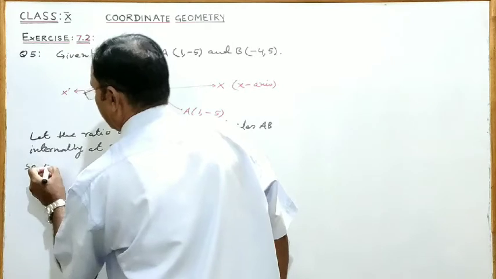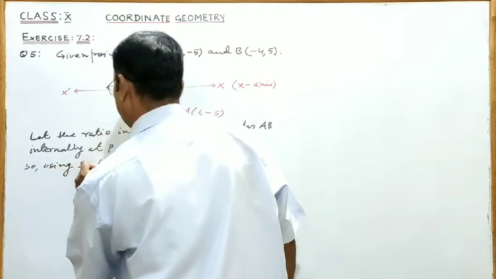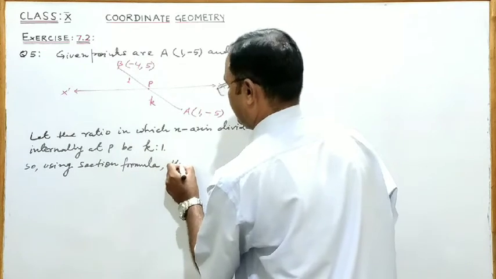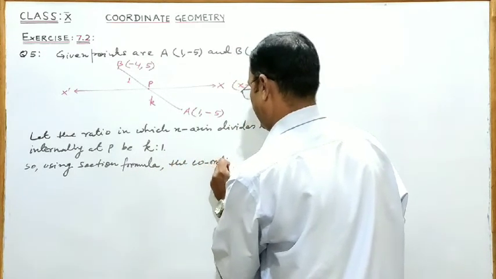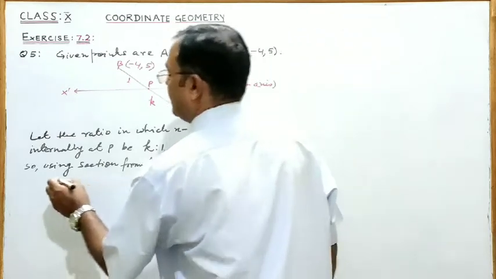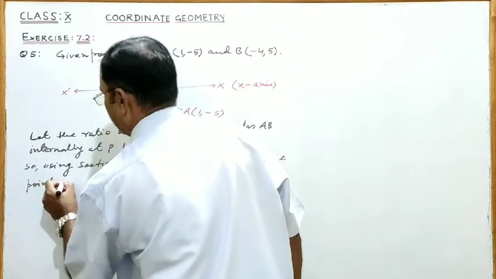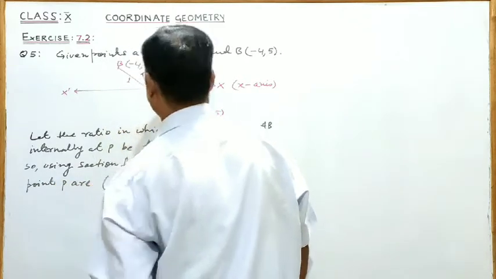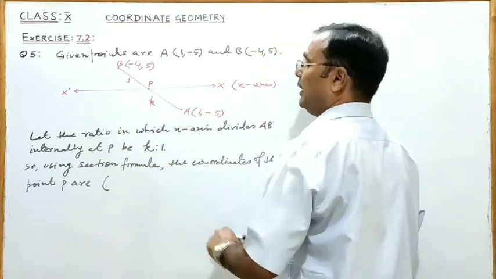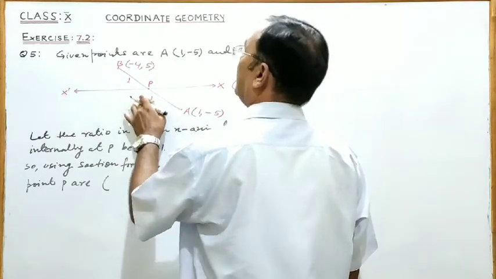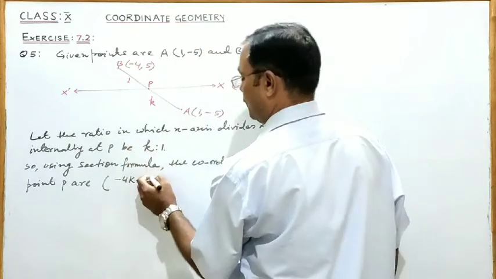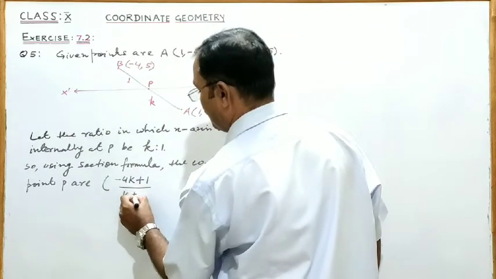So using the section formula, the coordinates of the point P are (m1 x2 plus m2 x1) by (m1 plus m2). k into -4, -4k plus 1 into 1, by k plus 1.